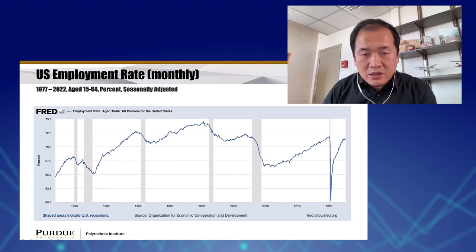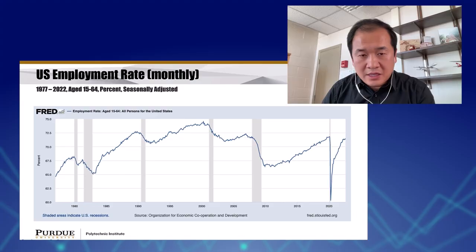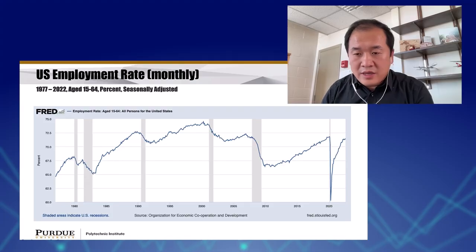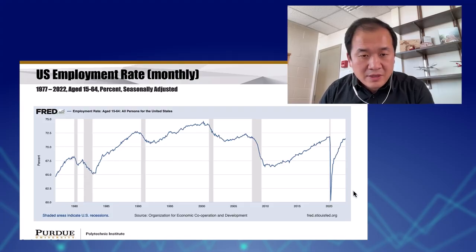When the economy is soft, in recession, the employment rate will start to decline. After the recession, employment slowly starts to pick up until the next recession. So this moves up and down in cycles. And the worst unemployment rate happened during 2020, the global pandemic.